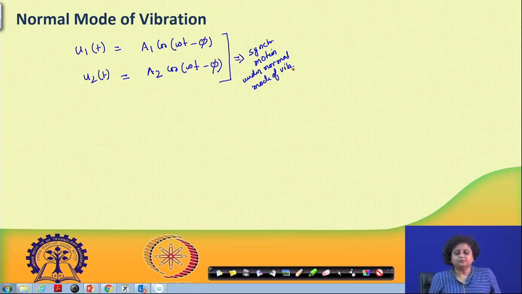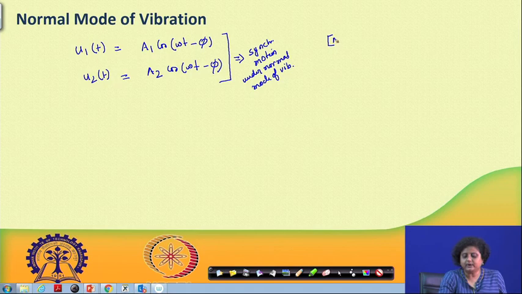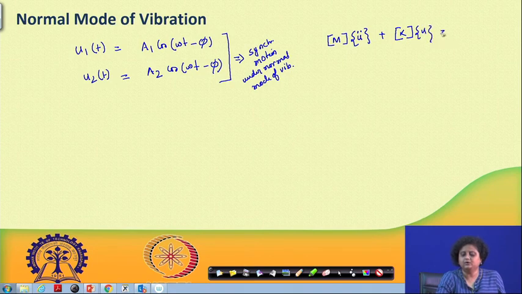Okay. So, my next job: the equation of motion that I had was m into u double dot plus k into u is equal to 0.